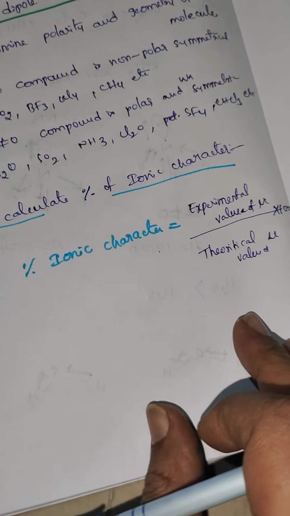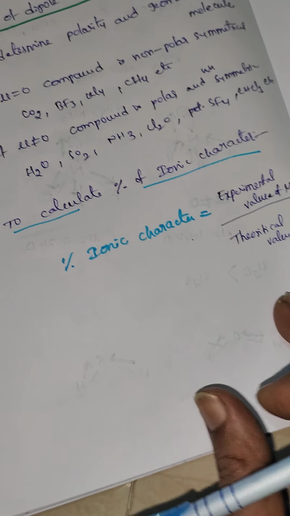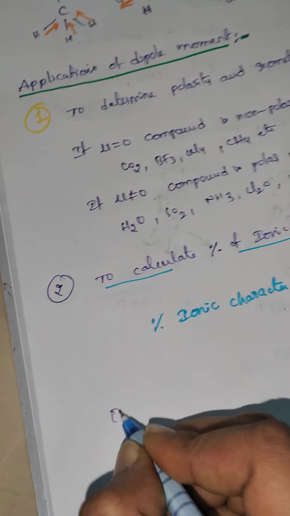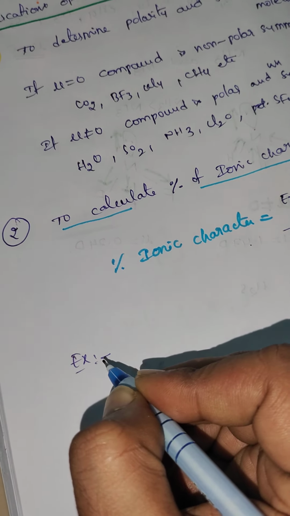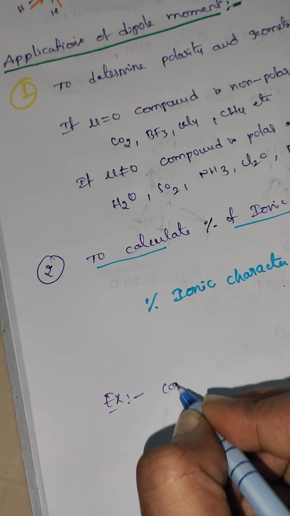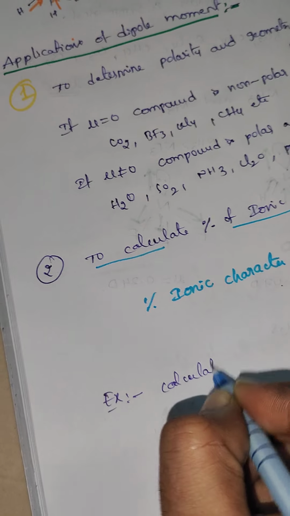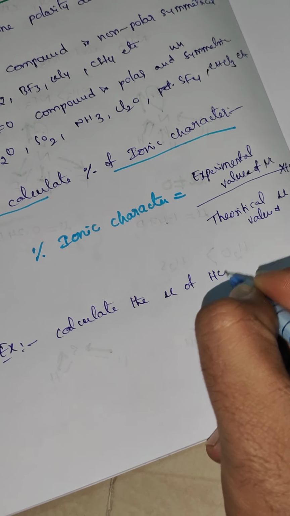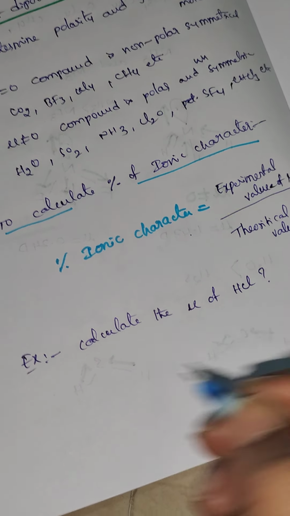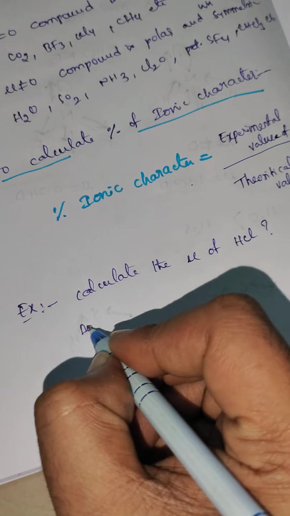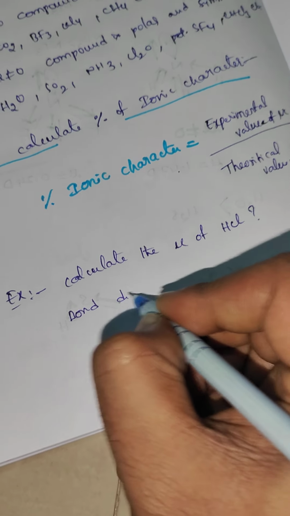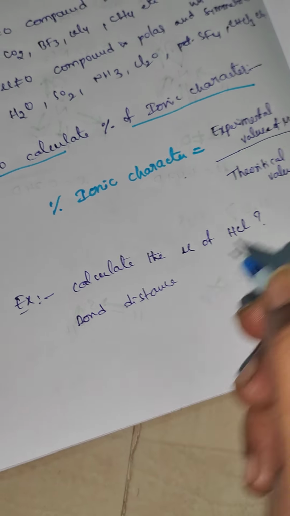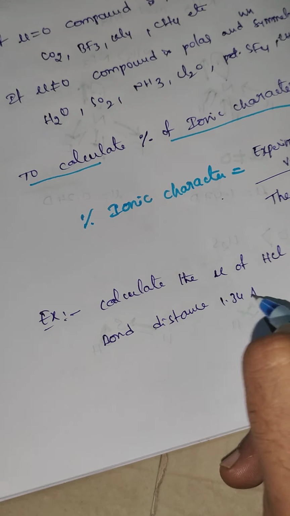For this, let me give you one example question. Calculate the dipole moment of HCl. Bond distance 1.34 angstroms.